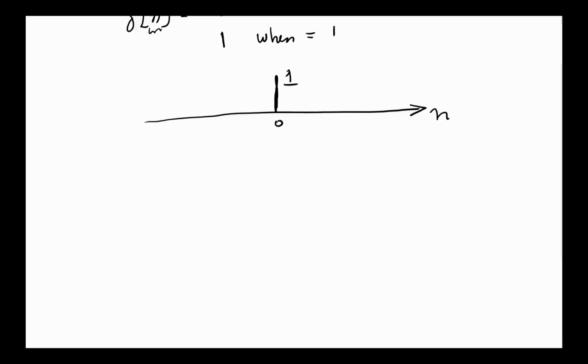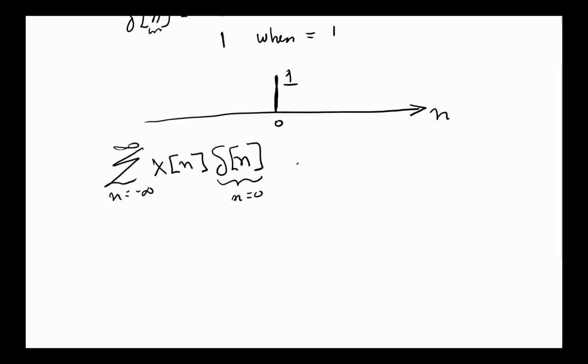For example, if I take the sum of x of n, which is a function with all kinds of values from -infinity to infinity, and multiply it by the impulse function delta n, since this is only equal to 1 at one point in time, when n is equal to 0, this whole function gets reduced to x of 0. That's called the sifting feature, and that's one of the reasons we are studying impulse functions here.